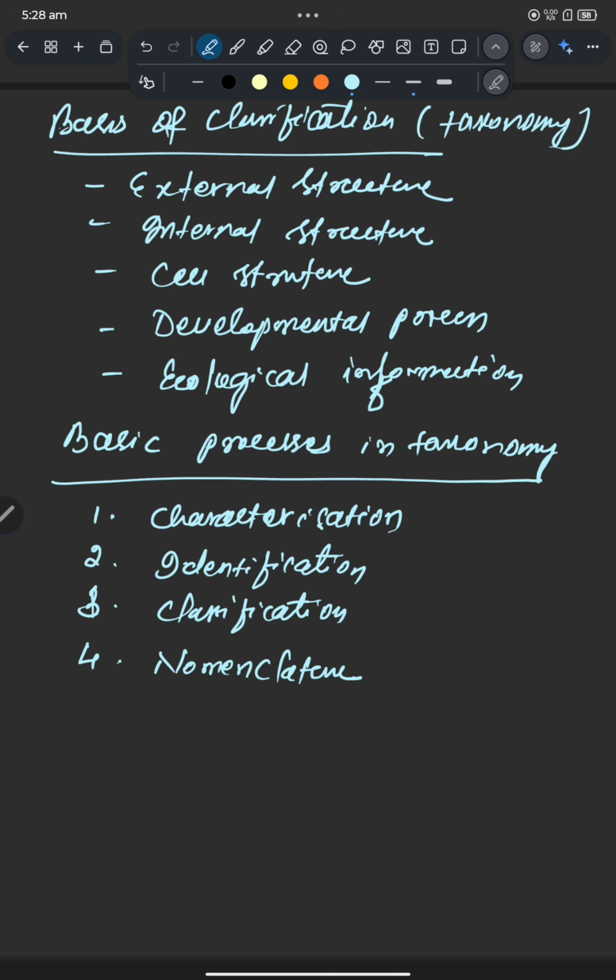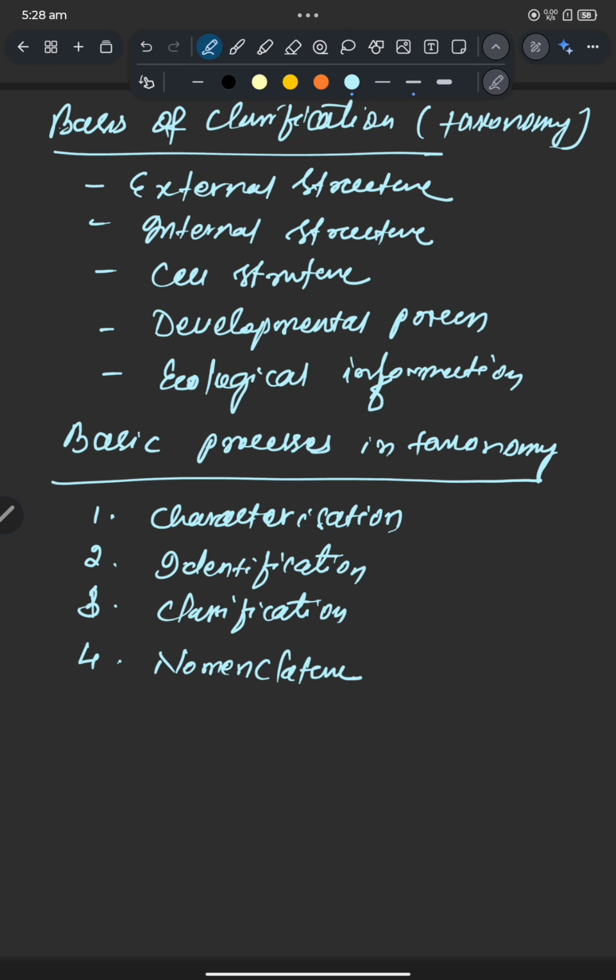Very, very important, children. I am giving you everything point wise. If you go through the NCERT book directly, then you may find the answer to some questions very difficult. But here the way I am giving it is very, very easy for you. So please note down each and every point. Now come to the classification process.